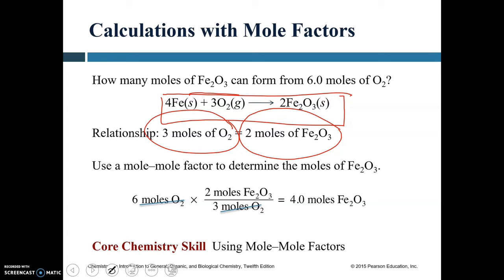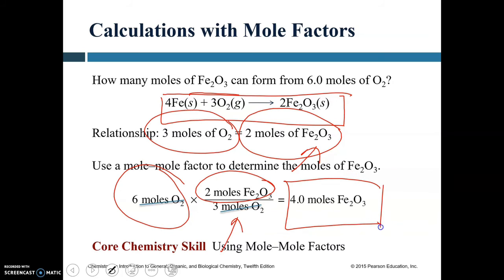So we use a conversion factor: 2 moles of iron 3 oxide correspond to 3 moles of oxygen. We multiply it by 6 moles of oxygen, and what do we get? 4 moles of iron 3 oxide.